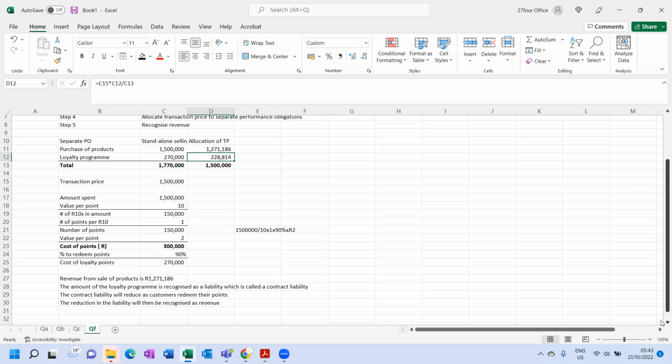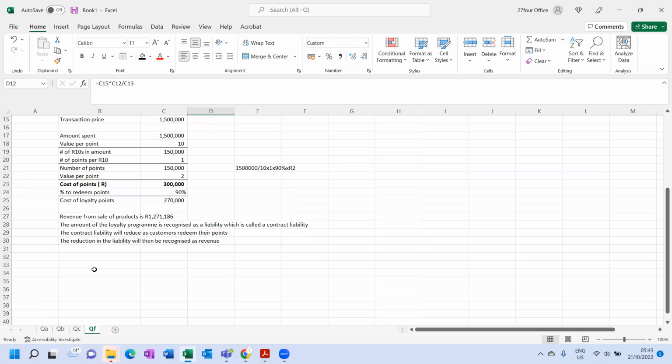So let's say when that sale took place, the journal would have looked like this. We received money, so it'll be bank of 1.5 million. That is SFP. Then we would have revenue and contract liability.